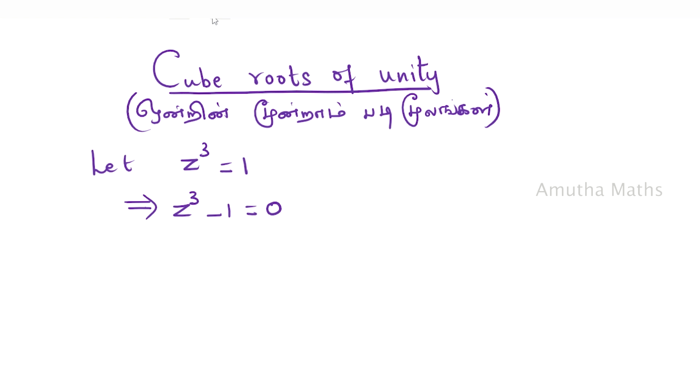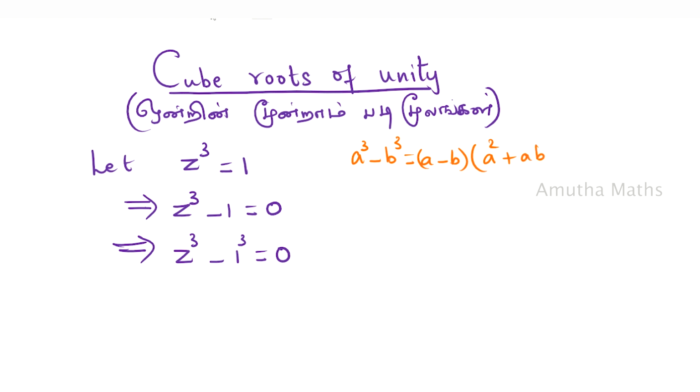Okay. So that implies I can write this as z cube minus 1 cube is equal to 0. Right. So we know that the lower classes we have studied a cube minus b cube is equal to a minus b into a square plus ab plus b square.